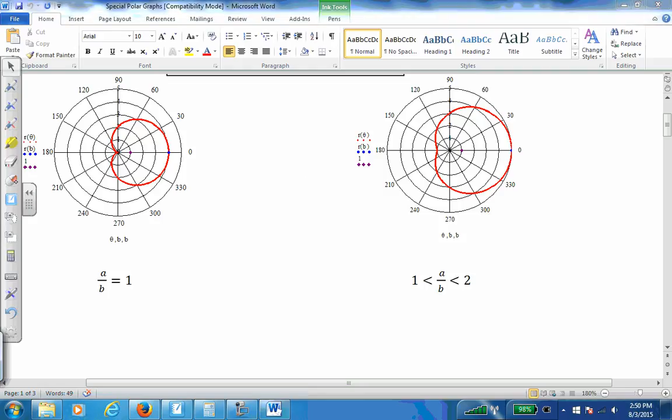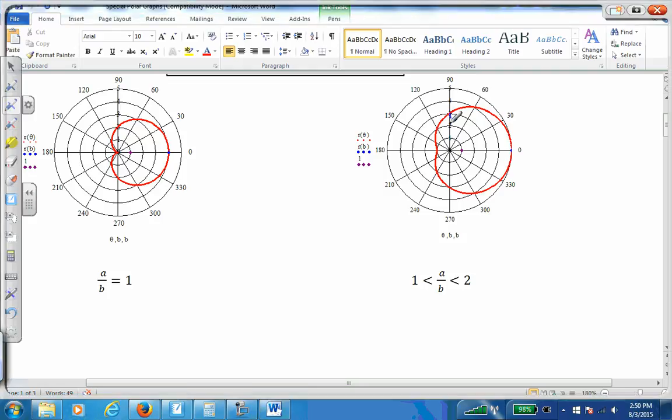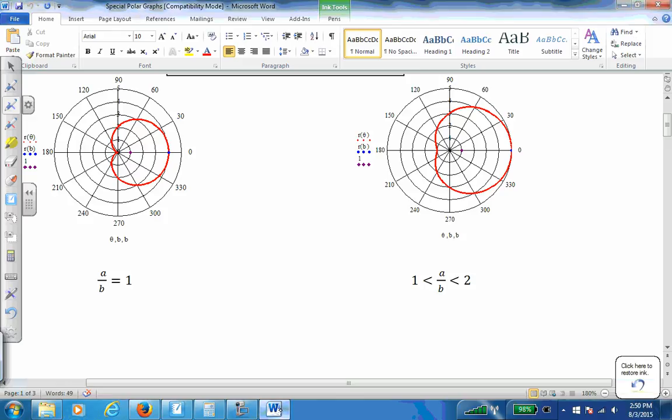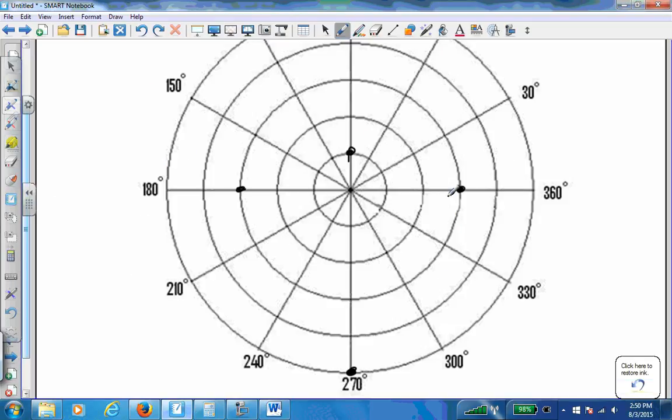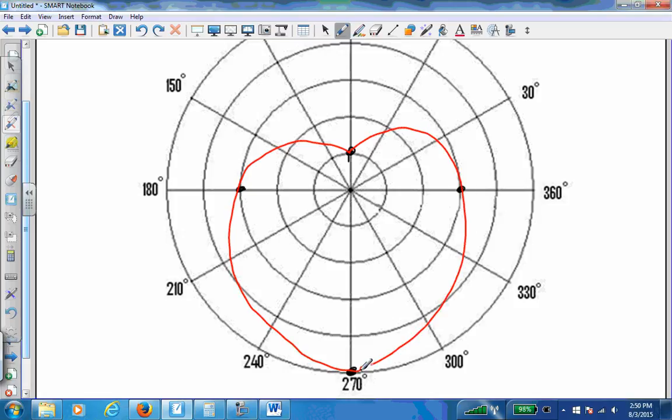So if we think almost like a T, there's our T, or our cross. So if we think of our cross, ours is going to be more like kind of not perfect, but kind of like that. Enough to get the general idea.